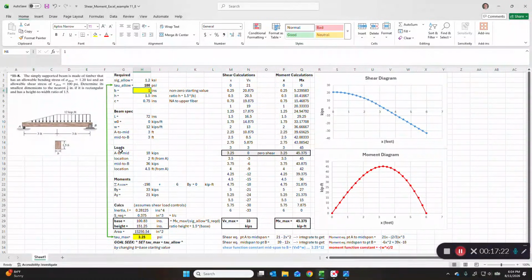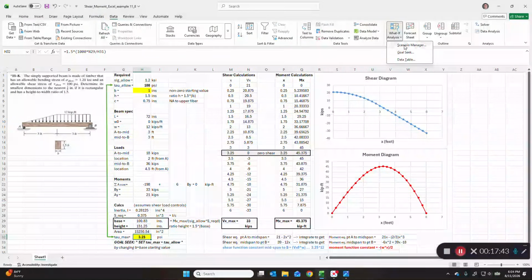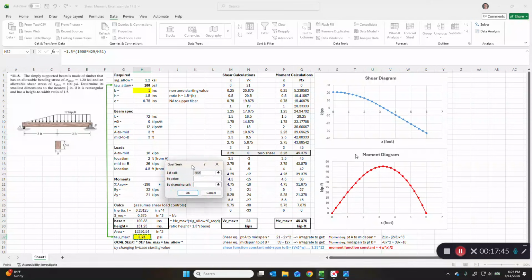And you can see those numbers will change if we change our base, right? So the area then is base times height. So what do we want? Tau max, okay, we know, should be equal to tau allowable of 100. It isn't, it's 325. So we can simply go to data. We don't need a complicated solver solution here, just a goal seek.